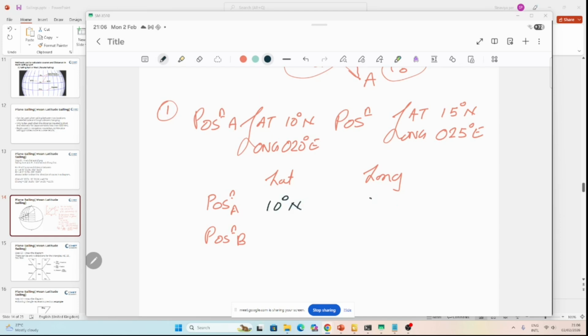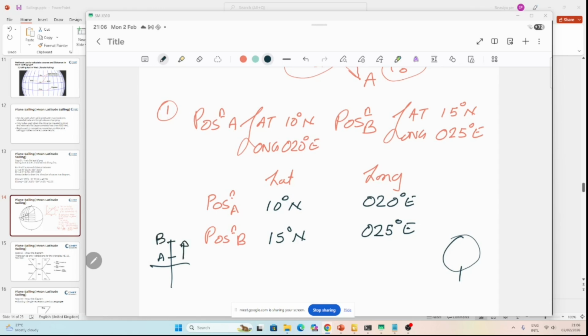Then position B is 15 degrees north, 0 to 5 degrees east. If you can remember, please draw these two so that you will not make a mistake. You are in 10 degrees and you are moving on to 15 degrees. So that means you are moving towards north. And what is delat? 5 degrees.